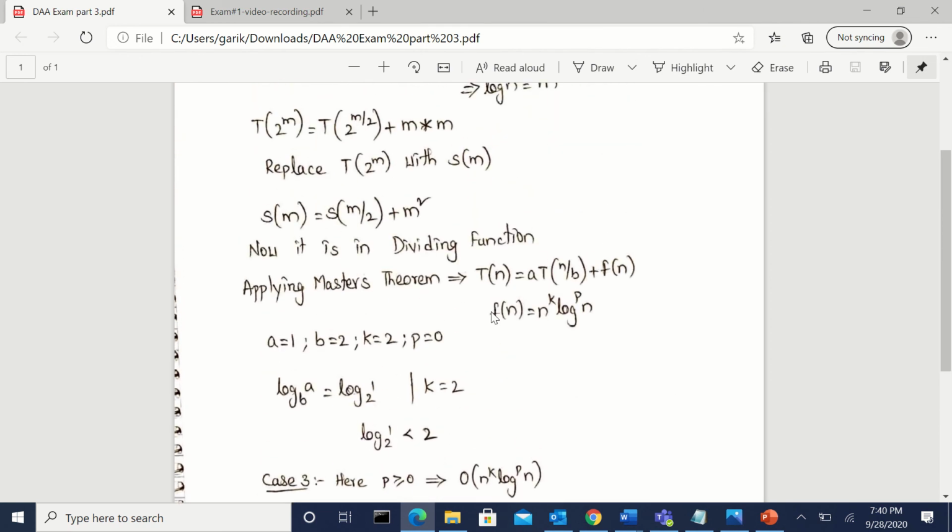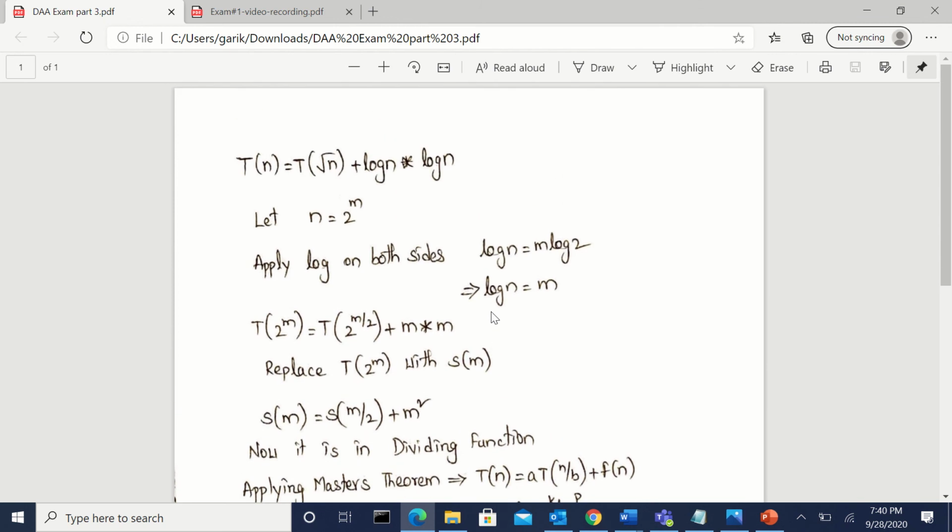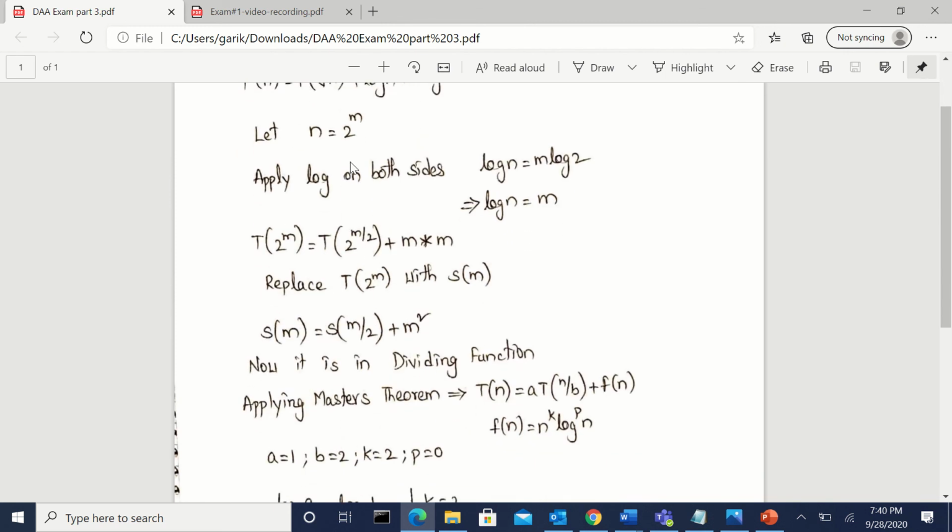In a similar way, if any other root function is there, first we have to take that function and substitute n equal to 2 power m. If you have any doubt about how this became m by 2, you can apply log here.